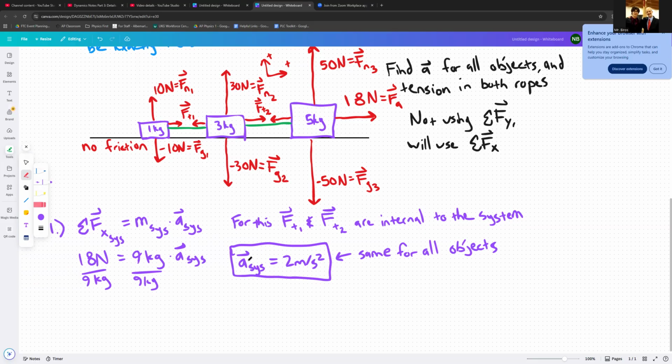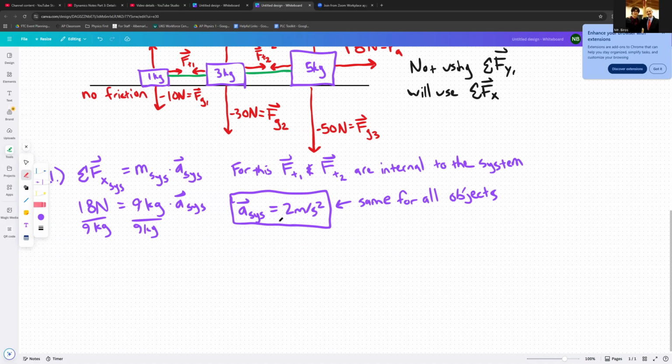So we found the acceleration of the whole system, again, treating them as one combined 9 kilogram object experiencing the one external force of applied 18 newtons. We found the acceleration to be 2, and that is true, the same amount, for all objects. Okay. And so we'll operate under that assumption and we'll go forward using acceleration equal to 2.